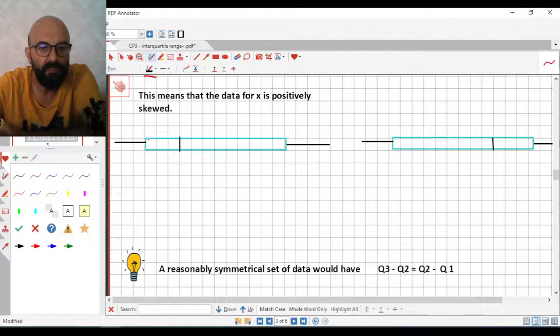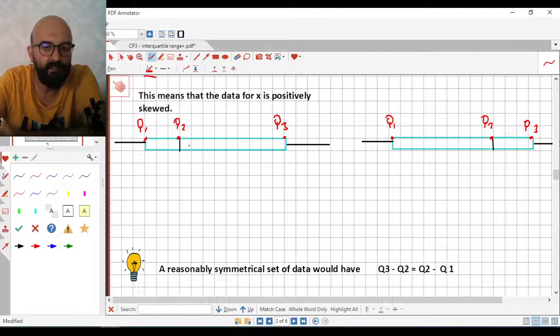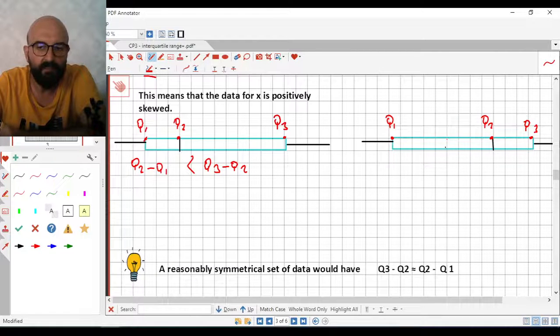For example, this point is Q1, this point is Q2, and this point is Q3, and likewise for the other. So in this box and whisker diagram, Q3 minus Q2 is greater than Q2 minus Q1. In this box and whisker diagram, Q2 minus Q1 is greater than Q3 minus Q2.